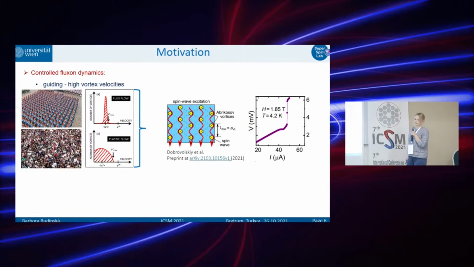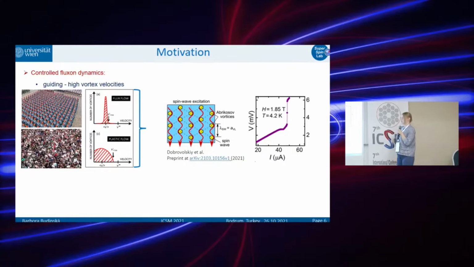that when we put the superconductor in touch with a ferromagnet, at very high vortex velocities, it comes to a Cherenkov-like generation of spin waves in the ferromagnet. And what is interesting now for us is, again, looking at the current-voltage curves. And even here, we see this plateau, or this step. And this exactly happens when it comes to the generation of the spin wave.